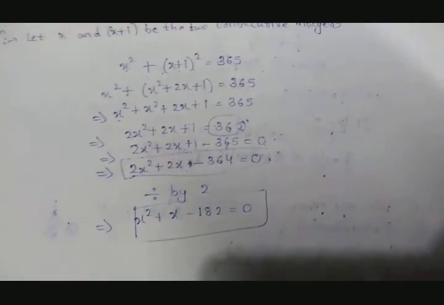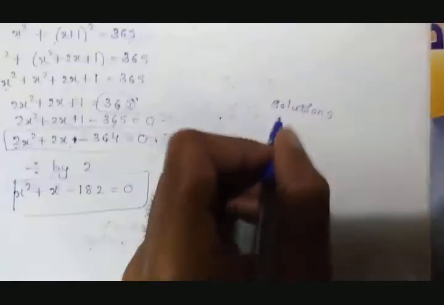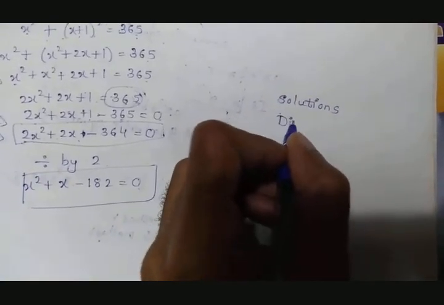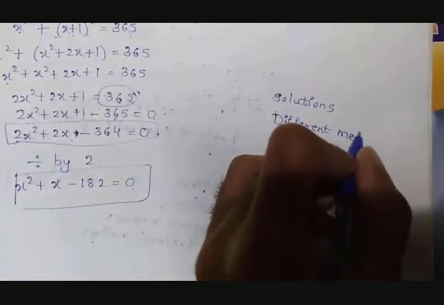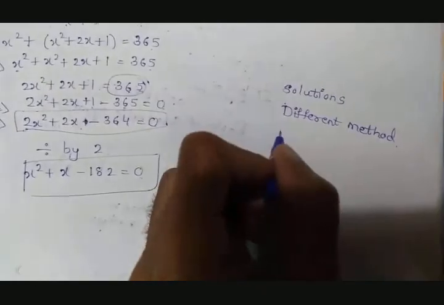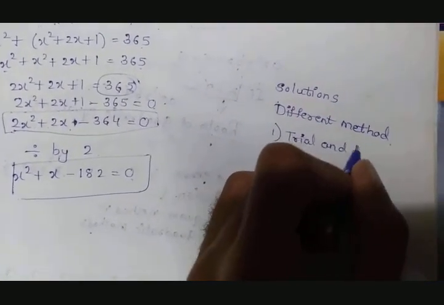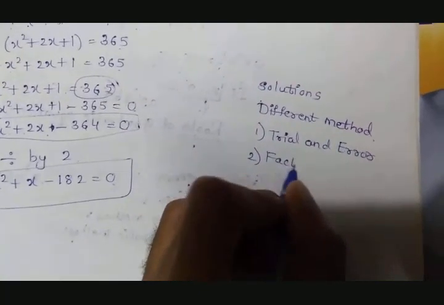In today's class we studied the solutions of quadratic equations, what we mean by solutions, and also the different methods of solving. The first one is trial and error method. Second one is factorization.